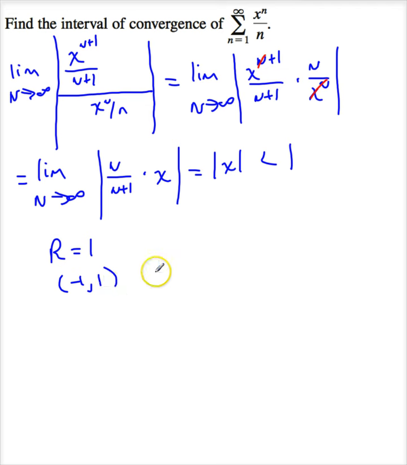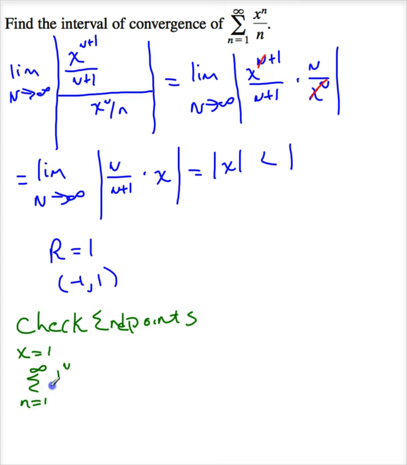Now I need to check my endpoints. So here are my endpoints, -1 and 1. I'm going to take x equal 1 and put it into my series: the sum, n goes from 1 to infinity, of 1 to the n divided by n.